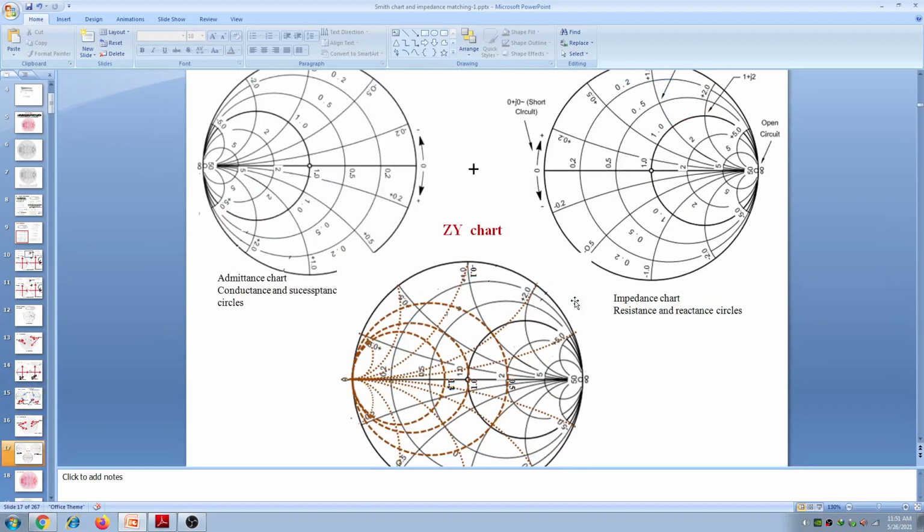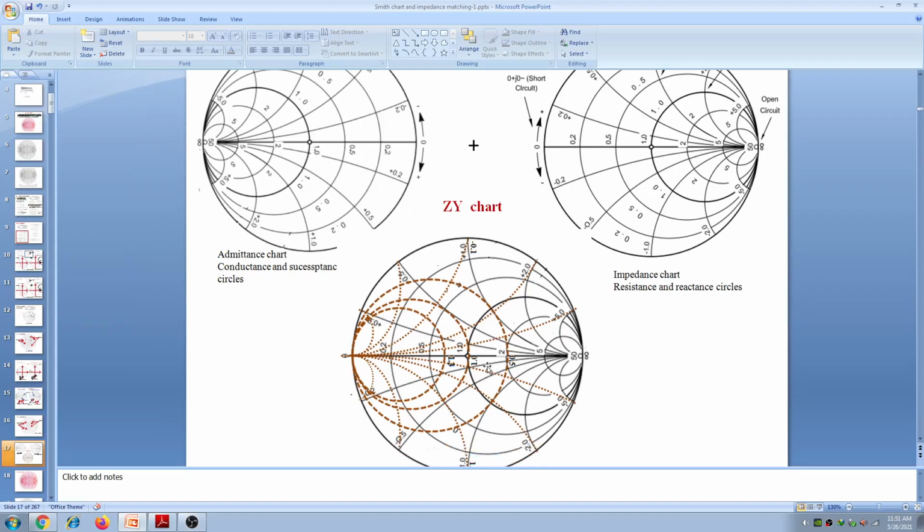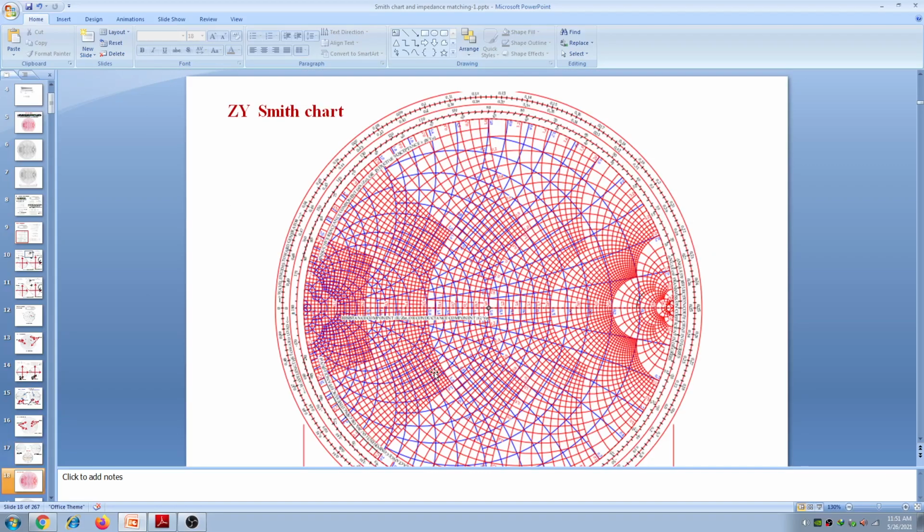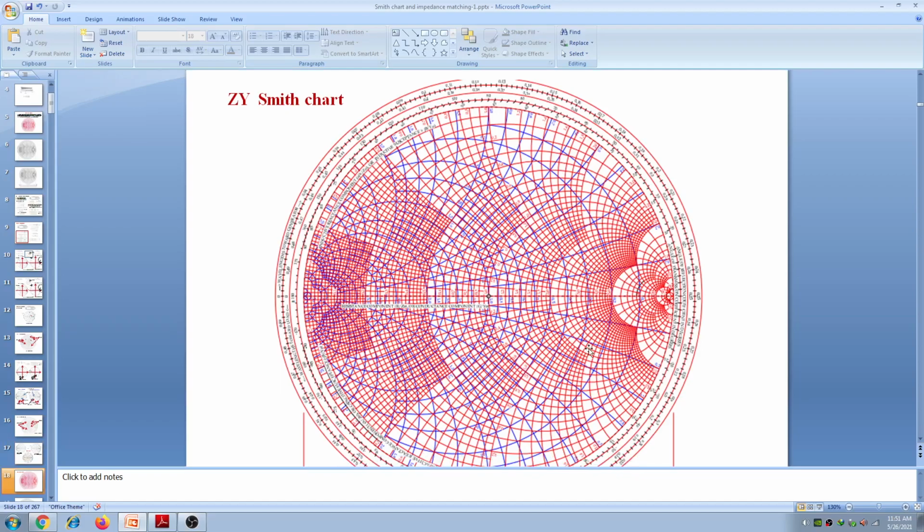See, this is the conductance and susceptance circles, and these are resistance and reactance circles. If you overlap these two charts, it will be like this. See, like this, overlapping of this and this. Okay, so our ZY chart is like this. This is our ZY chart.